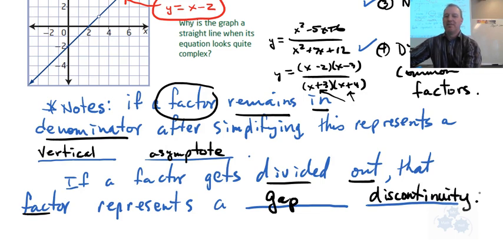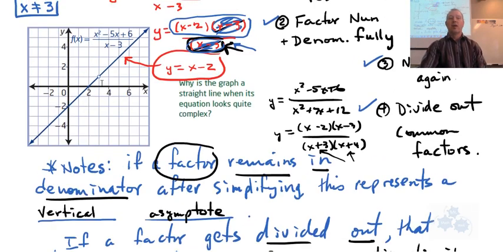Discontinuity. So remember that funny word we talked about a couple days ago? Discontinuity. That's the way you want to say it, probably. It's a gap discontinuity. So what that means is the line goes along, and then there's a bit of a jump, a bit of a space.